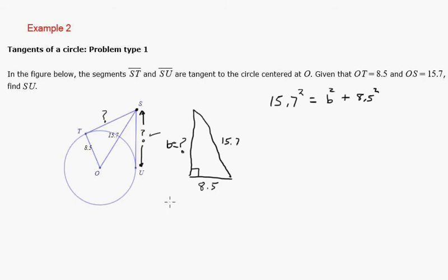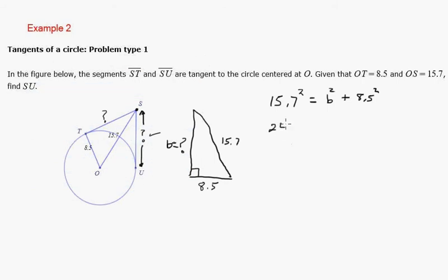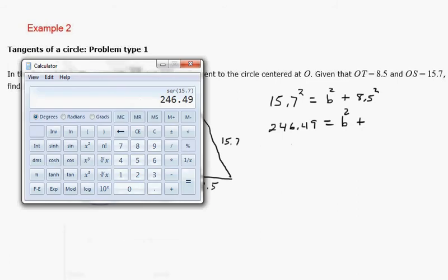Now let's go to the calculator again. 15.7 squared is 246.49. So 246.49 equals b squared plus 8.5 squared. 8 times 8 is 64, so it's a little bigger: 72.25.